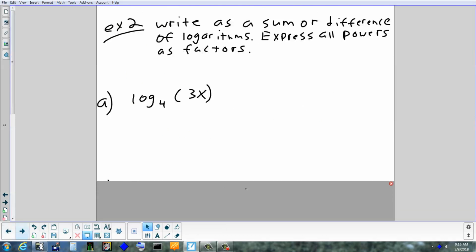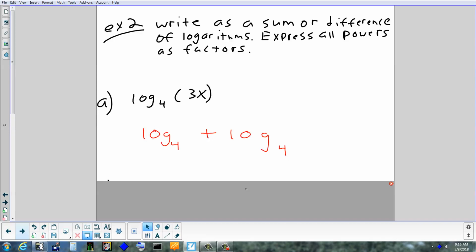All right, so we'll start with this one. Jordan, would this log split as a sum or difference? Sum. Yeah, it's a sum because you have multiplication inside the argument. So we're going to have 2 logs. We're going to have a sum. Lauren, what's going to be the base on each log? 4. The base stays exactly the same all the way through the problem. Sam, what's going to be my first argument? 3.